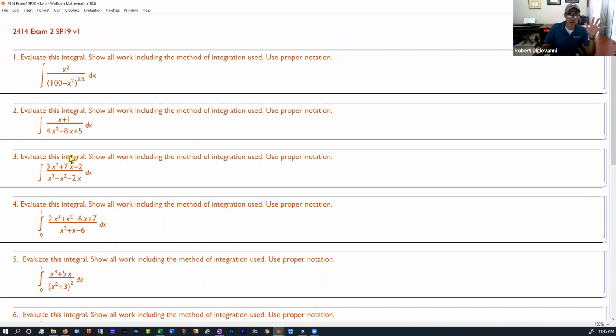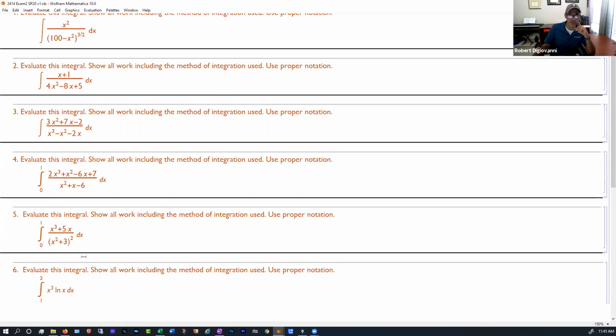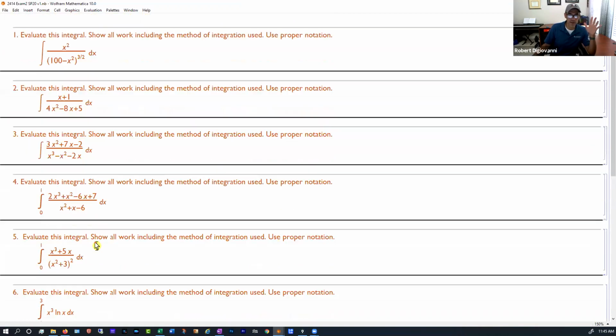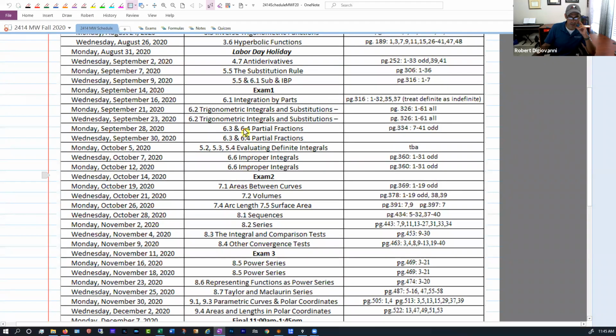So you're looking at like 5 problems there, and then maybe an additional problem with the definite integral stuff. So I still think you'll be in the neighborhood of 5 to 6 problems, but when you're reviewing this weekend, take a lot of time to go back and look at 6.2 and 6.3.